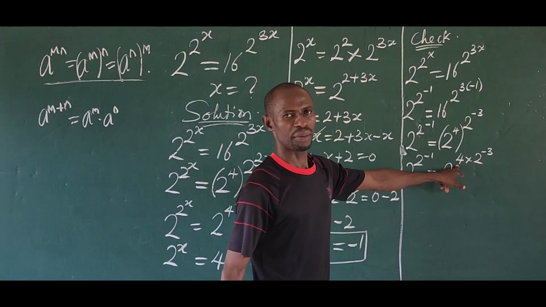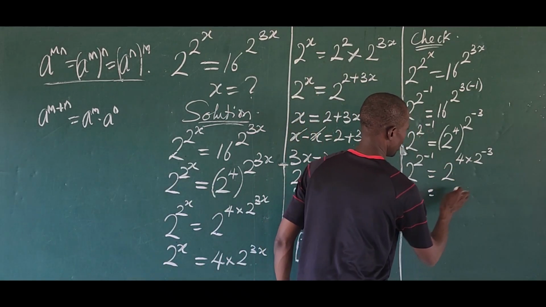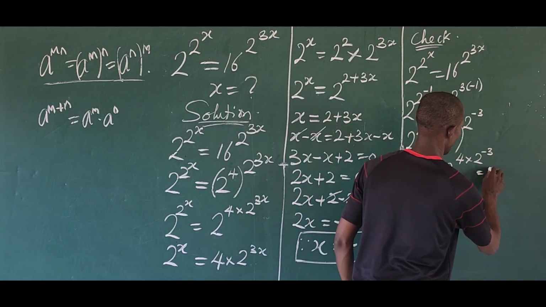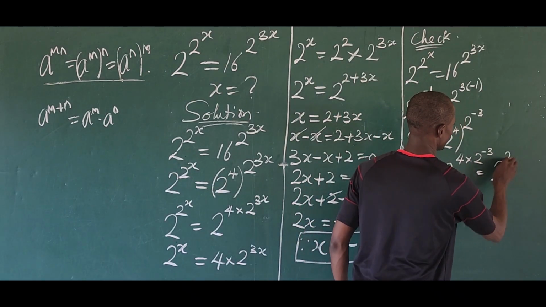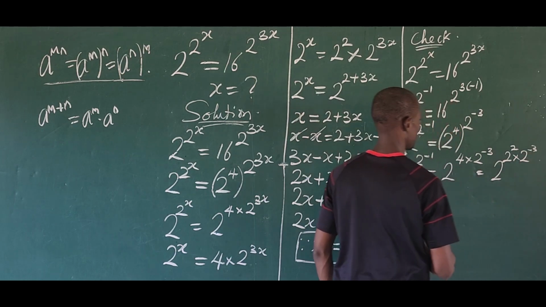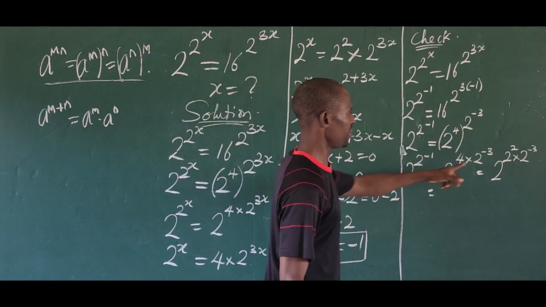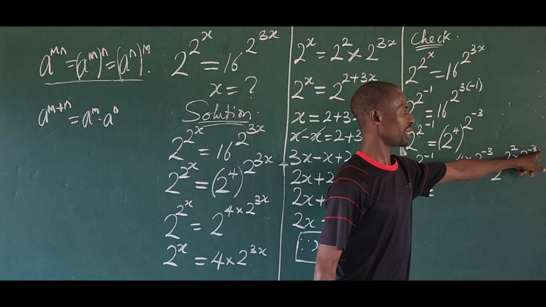Mind you, 4 can be written as 2 to the power of 2, right? So this is going to give us 2 to the power of 2 further raised to the power of 2 times 2 to the power of minus 3. So we apply our law here because the bases are the same, so we can add the exponents.